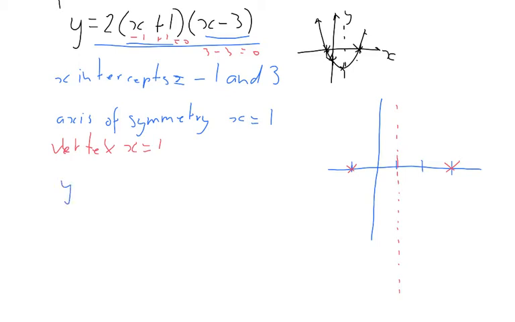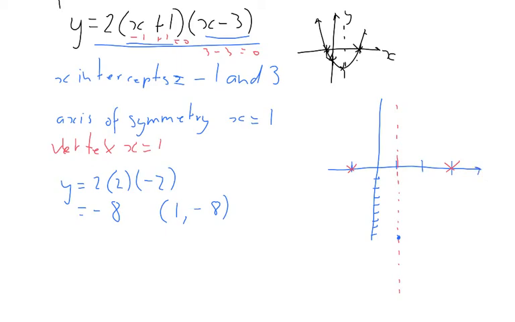So y = 2. 1 plus 1 is 2. 1 take 3 is -2. 2 times 2 times -2 is -8. So that means the vertex will be at (1, -8). So if we go 1, 2, 3, 4, 5, 6, 7, 8, well there's our vertex. It's going to be right there.